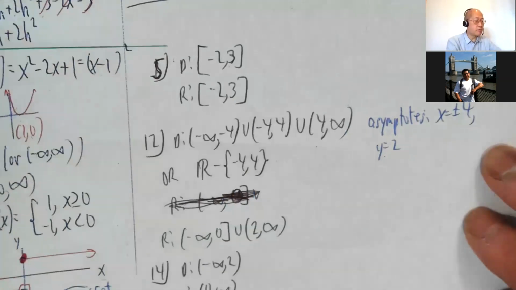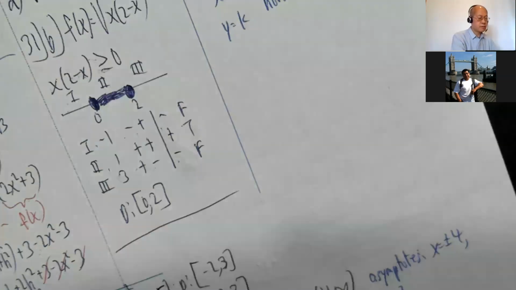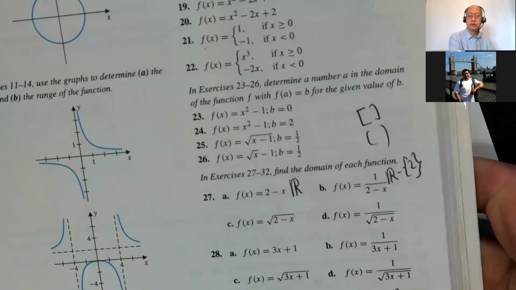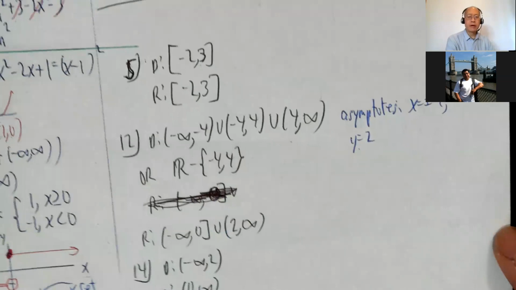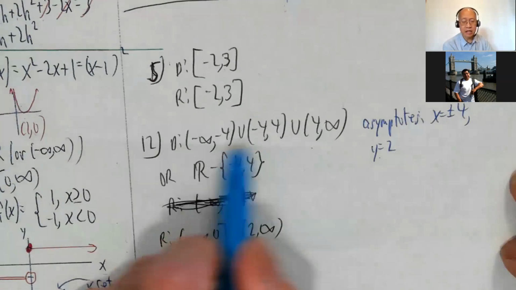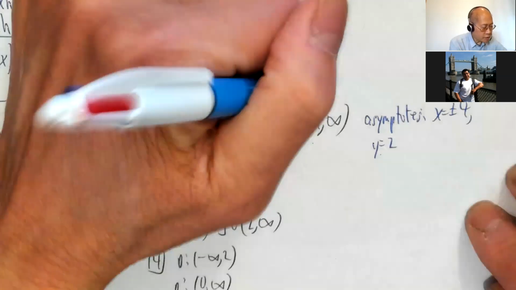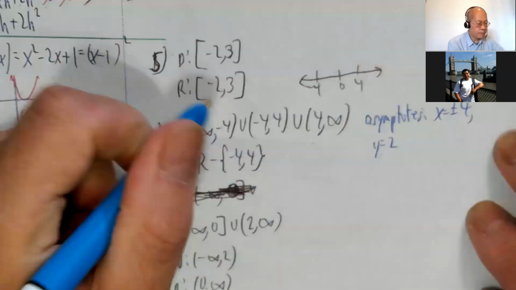That's sort of like what I did over here with the throwing out, right? All real numbers except for 2, throw out 2. So all real numbers except for -4 and 4. Now, you can write it like this. I think the back of the book does this. I don't prefer it, but if you stop and think about the number line, right? This is -4. It's +4.